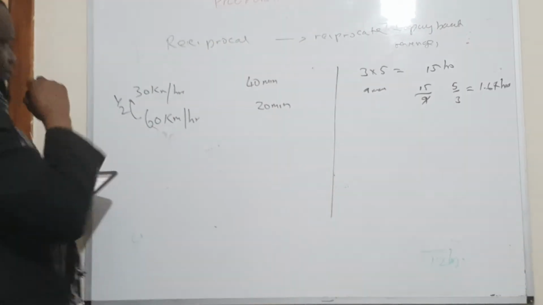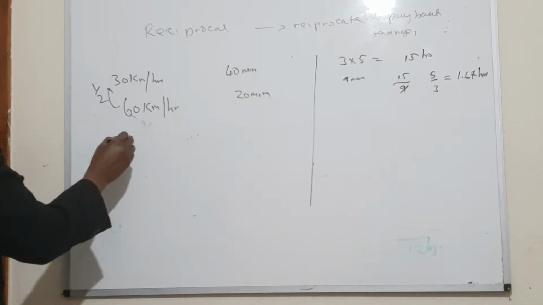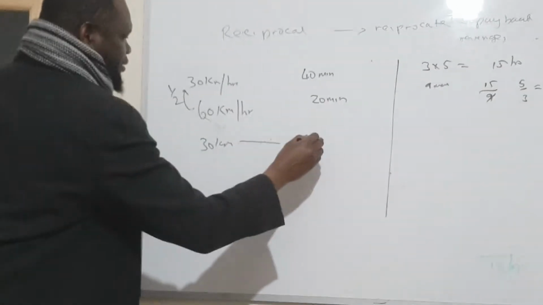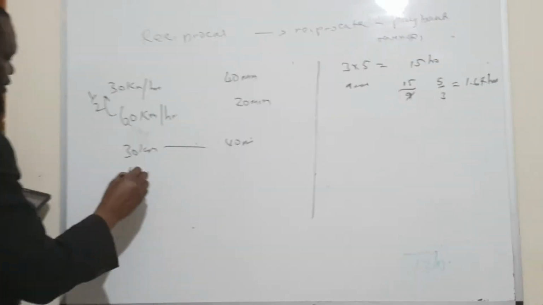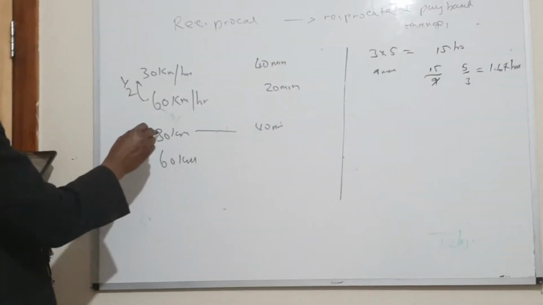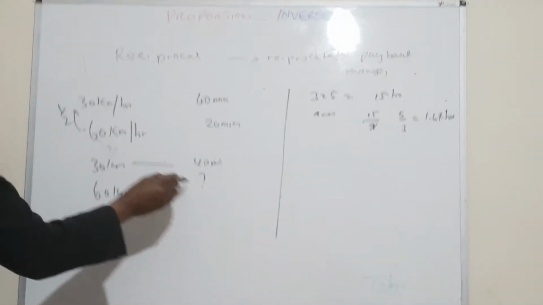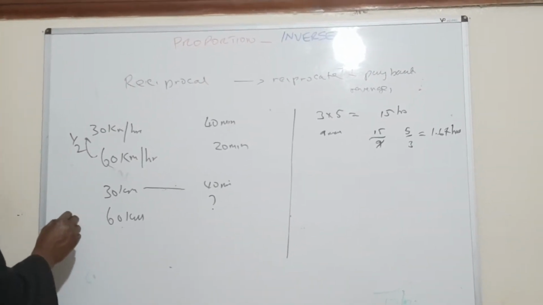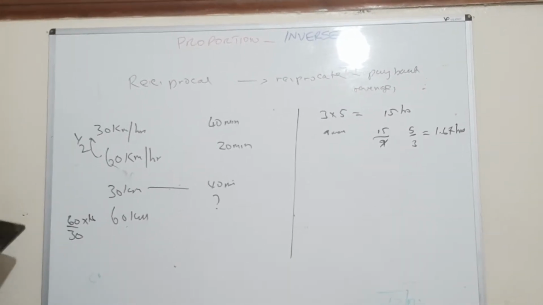How do you find that? It's the inverse. 30 kilometers per hour in 40 minutes. 60 will be what? The direct proportion will be the unknown over 30: 60 divided by 30 times 40. That is the direct proportion.